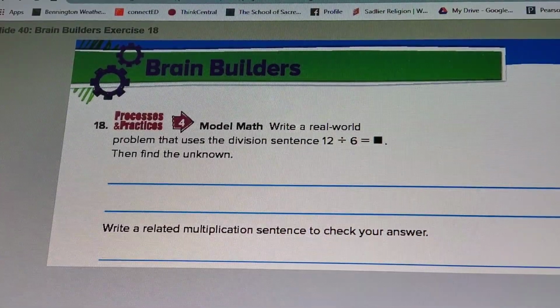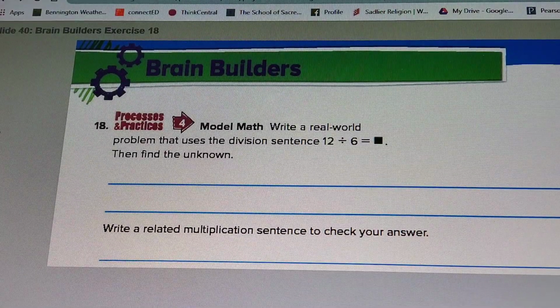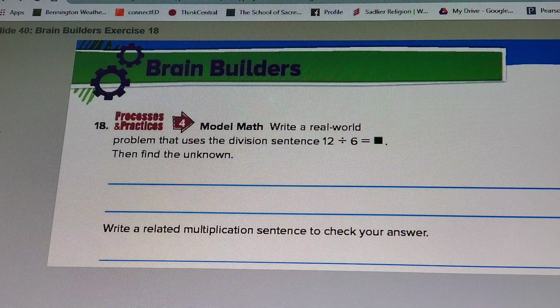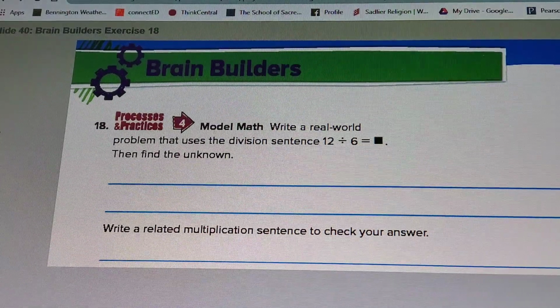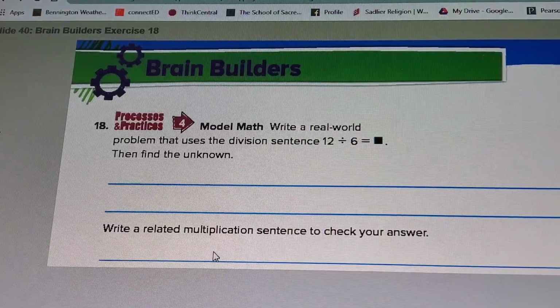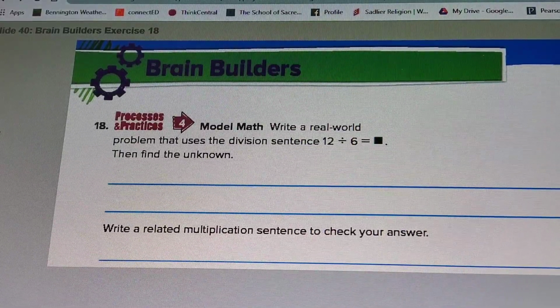Brain builders number 18. Processes and practices. Model math. Write a real-world problem that uses the division sentence 12 divided by 6 equals unknown. Find the unknown. Write a related multiplication sentence to check your answer.